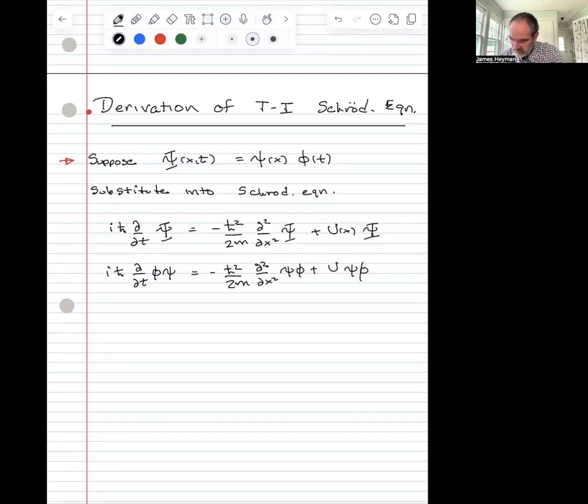So we can rewrite the first term as i h bar times psi times the time derivative of phi. On the right-hand side, we have minus h bar squared over 2m times the second spatial derivative of psi times phi, but phi is position independent, so we can bring it outside of the differential as well.